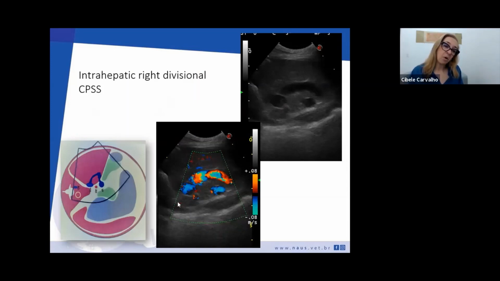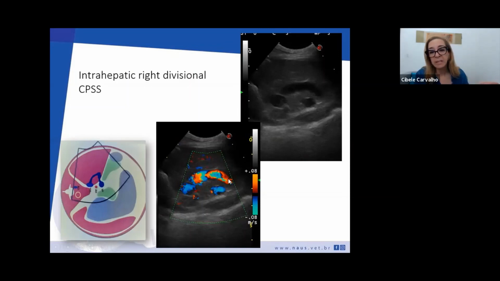When we put color Doppler with color mapping, we can observe the right branch running dorsolaterally and going to the caudal vena cava, like a normal branch, but instead of ramifying and irrigating the right lobes, it turns into the caudal vena cava.